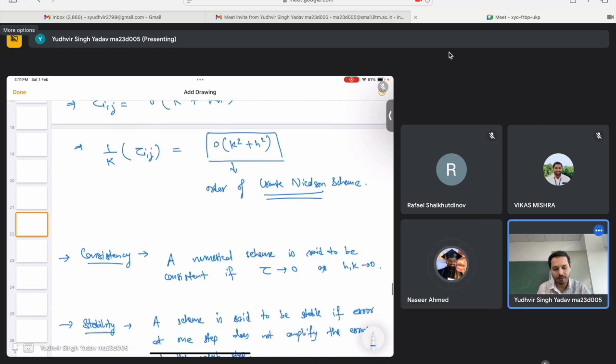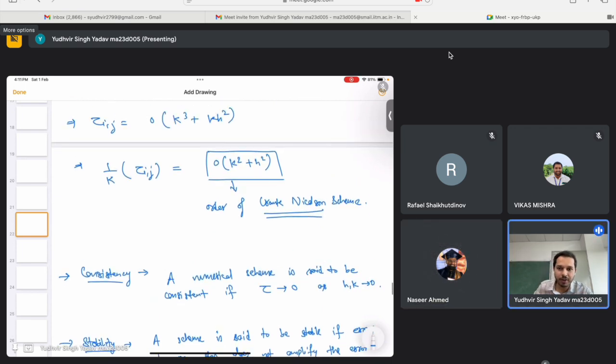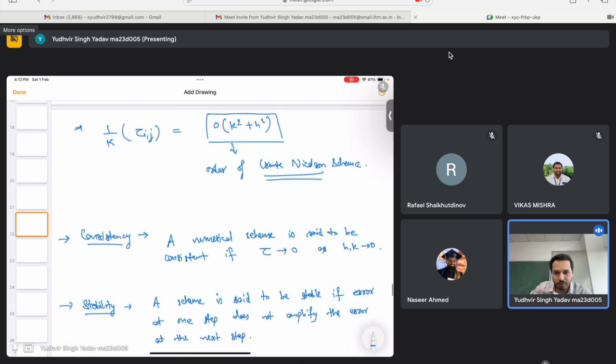In truncation error we are not dividing by k, but by finding the order of the scheme, we are dividing by k. By order of the scheme, we mean how fast or how accurate the scheme is with respect to time, like how much time it will take or how many steps it requires. So if it is second order, then it will be faster and will require fewer steps than a linear order scheme.